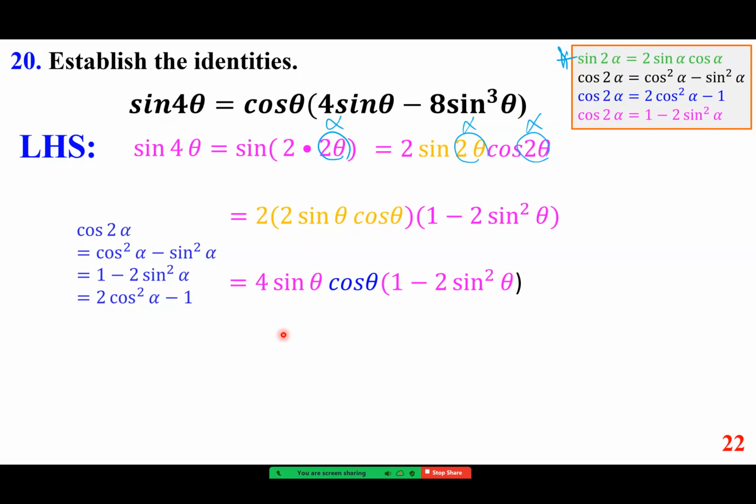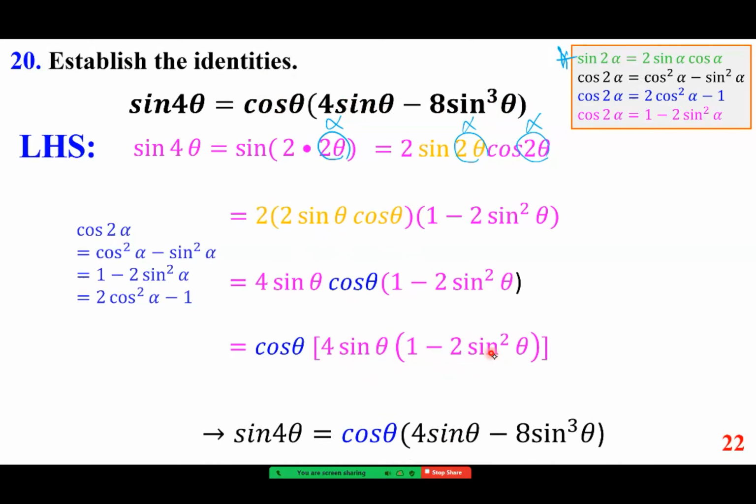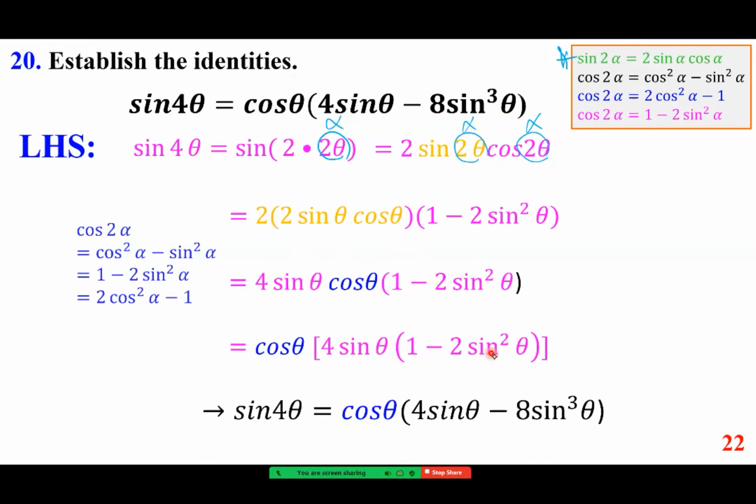The cosine theta, you keep it. 4 sine theta, take it in because you want to make it look like the right-hand side. Keep this cosine out. Take the 4 sine in. Now, if I distribute the 4 sine, I get 4 sine theta, just like that, minus 8 sine cubed, and that's the proof.